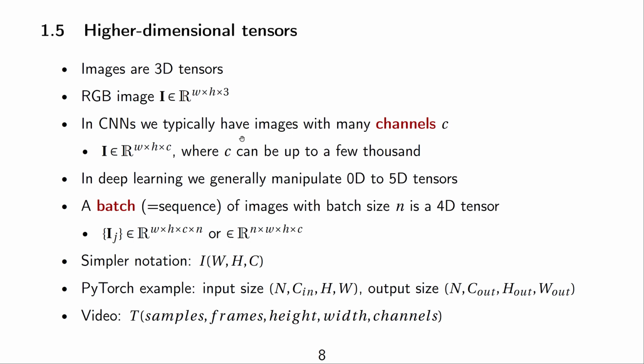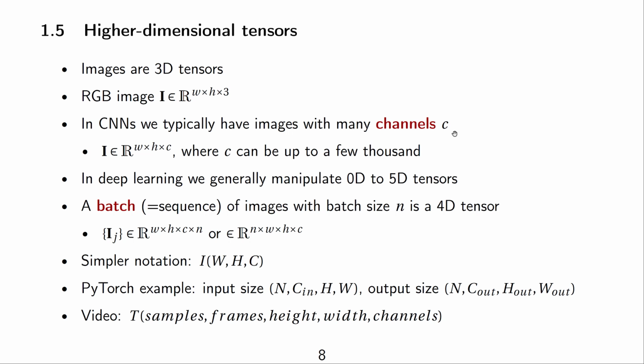In convolutional neural networks, networks that are especially suitable to process images, we will discuss them later, we will have images with many channels C. So while only in the beginning the input image will have 3 channels, red, green, and blue, then as the images are processed by the neural network, the number of channels will typically increase quite a lot.